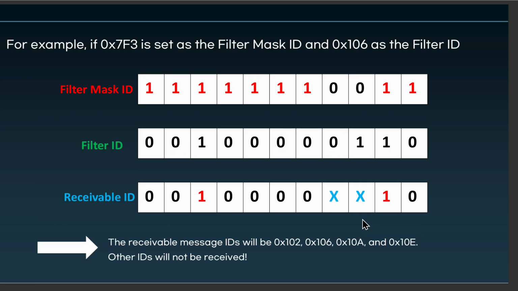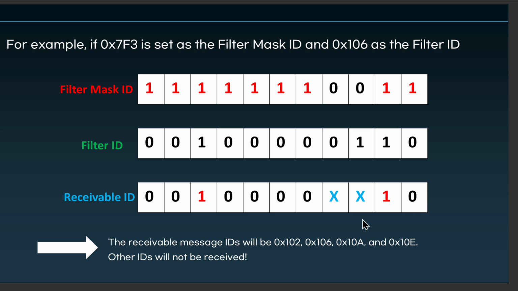Next, I will explain how mask mode works with an example. Let's say the filter mask ID is set to 0x7F3 and the filter ID is set to 0x106. The binary representation of these IDs is shown in the diagram below.